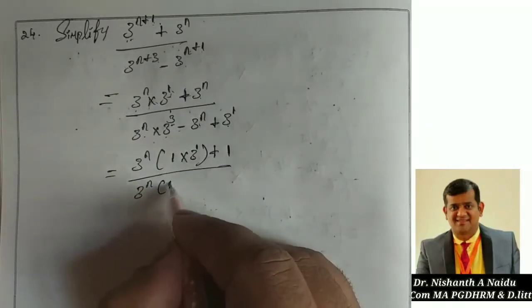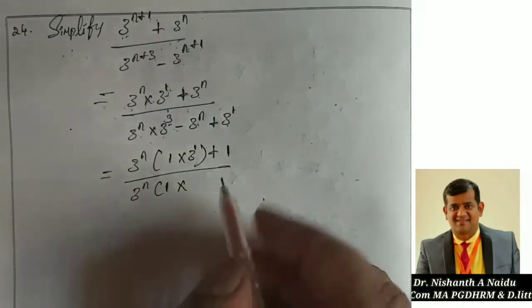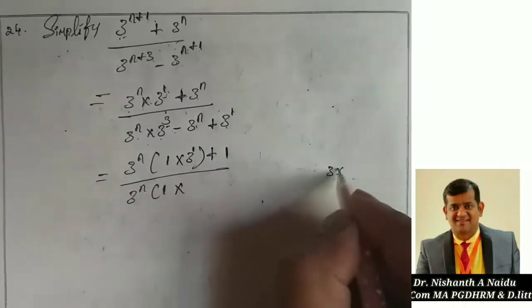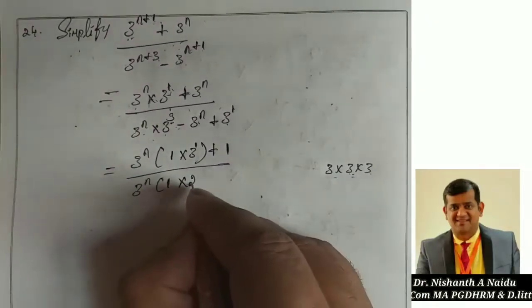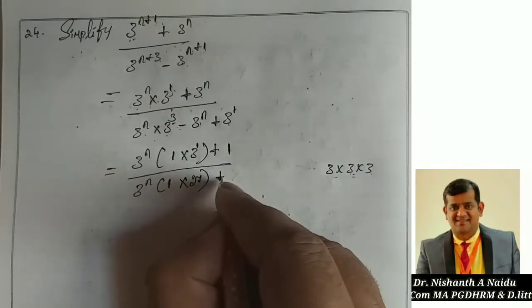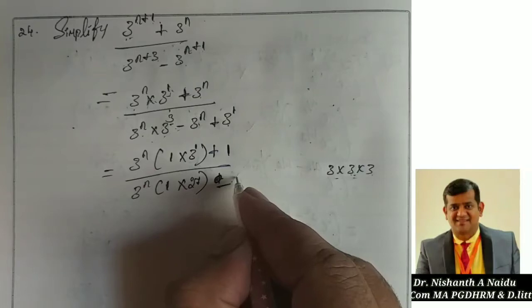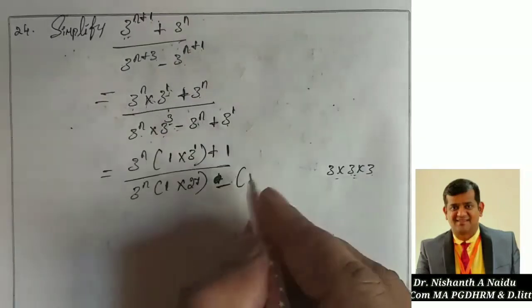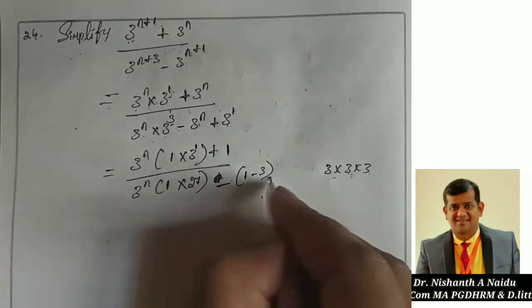So 1 into 3 to the power 3, how much? That is 3 into 3 into 3, correct? 3 3s are 9, 9 3s are 27. 27 minus is there. So here minus is there, minus 3 to the power n value is 1, minus 3 to the power 1 is 3.